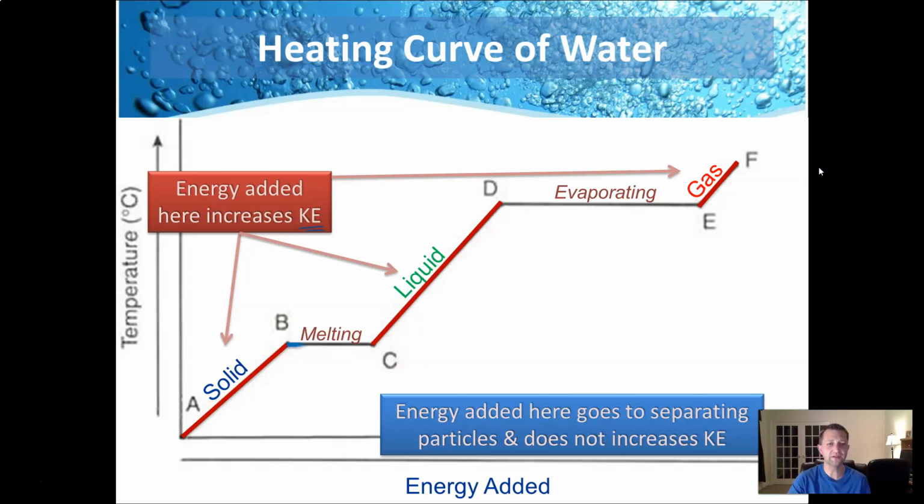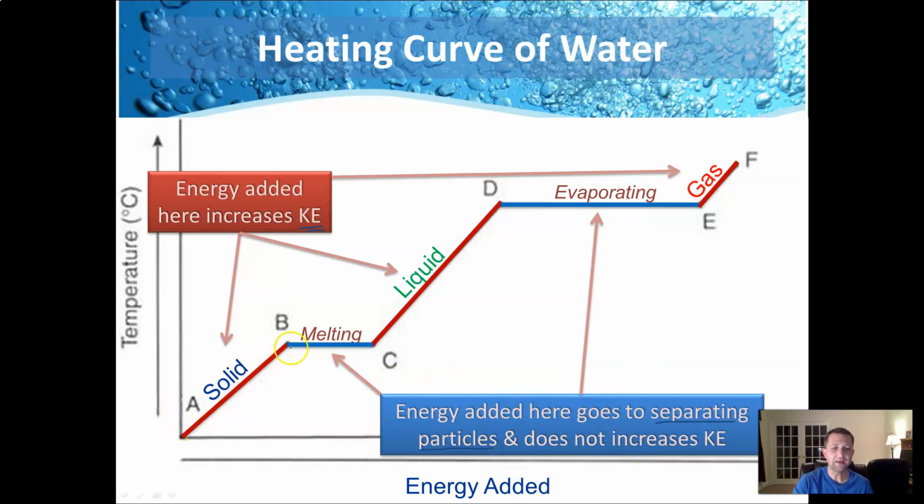What goes on everywhere else, though? Between B and C and D and E, you have a phase change. So that's important. Energy is added, like the stove is still on if you're heating this up, right? Same thing over here. Energy is being added, and that goes into actually separating particles and does not increase the kinetic energy.